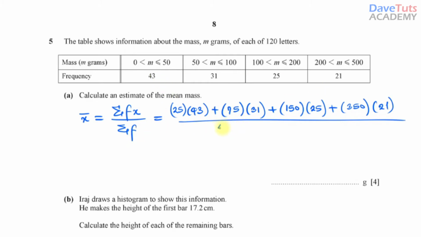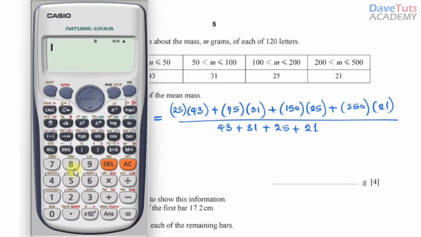So we have here 43 plus 31 plus 25, and then finally we're adding 21. So this is what we need so that we can get our answer, and we can bring in a calculator to evaluate this. Okay, in the first case 25 times 43, our calculator will use PEMDAS or BODMAS by itself, so we can just put in these values straight.